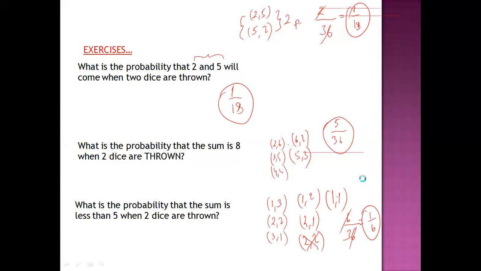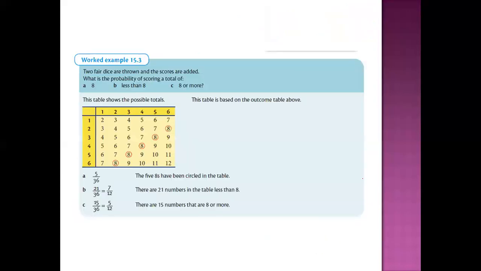Okay. So in a worked example, 2 fair dice are thrown and the scores are added. Don't forget, add means plus.